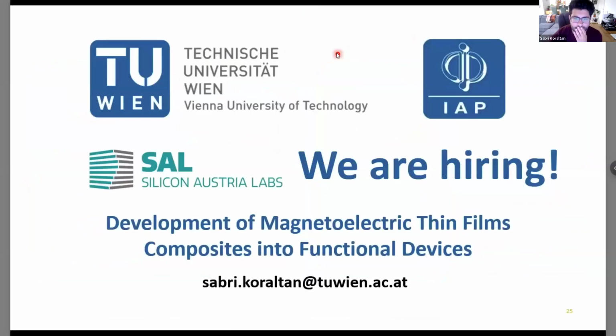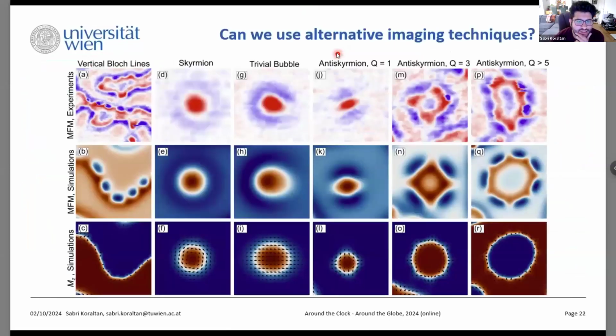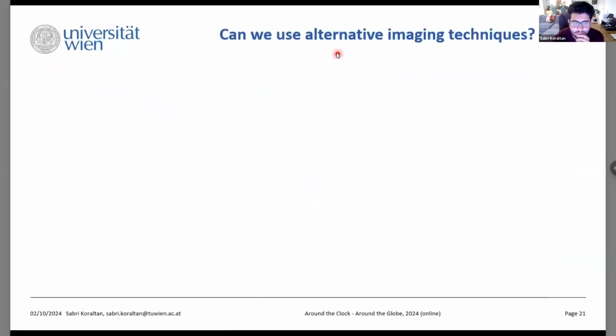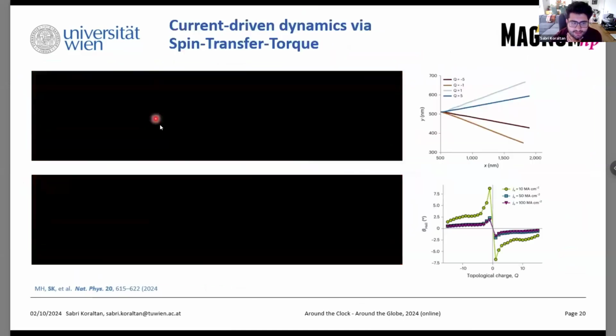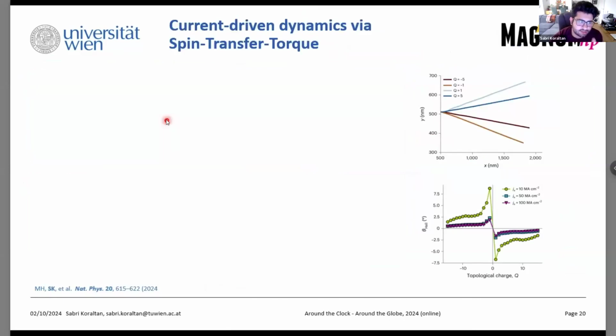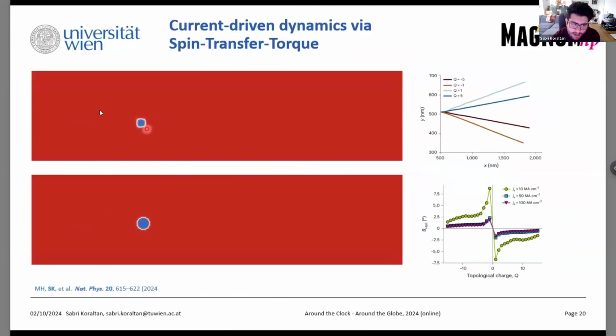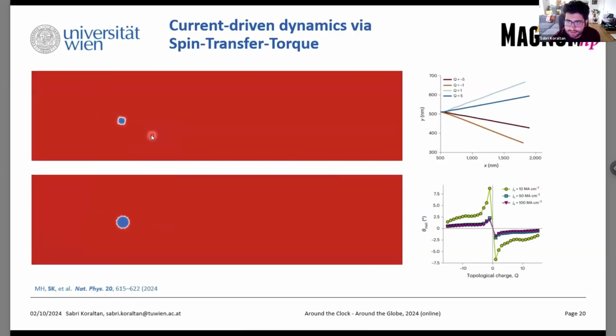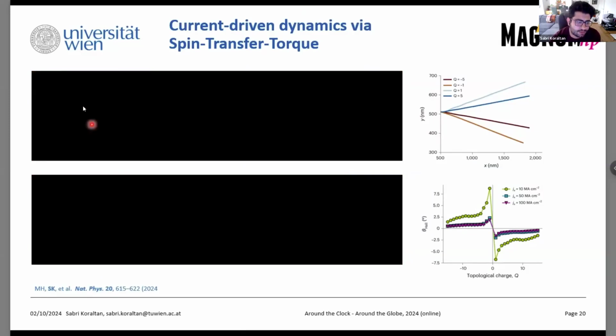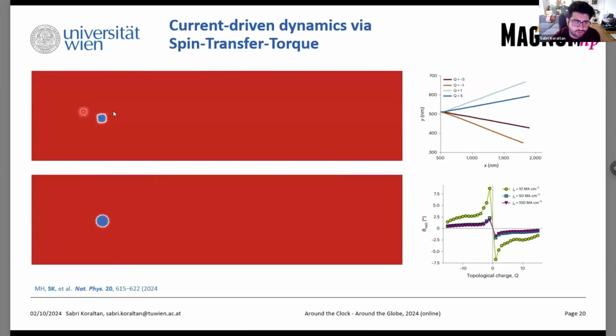Yeah, so I didn't have much time to talk about this, but the main difference, I would say, is this. This is, for example, the regular anti-Skyrmion, and as you can see, it moves at an angle. So this is the so-called Skyrmion Hall angle. This happens to regular Skyrmions as well. So when you subject a Skyrmion racetrack, for example, to an electric current, they move at an angle.